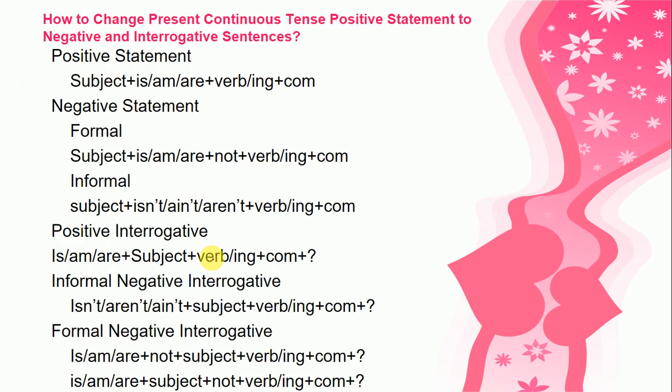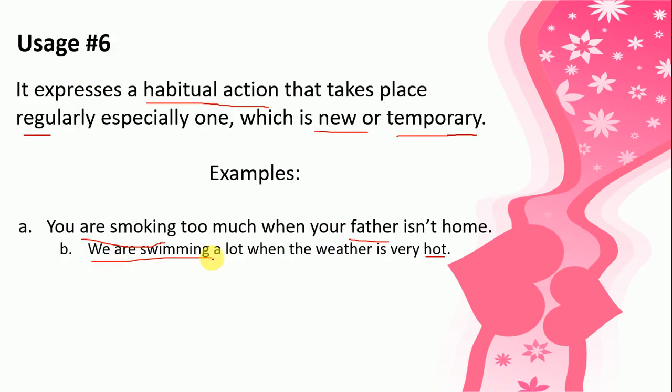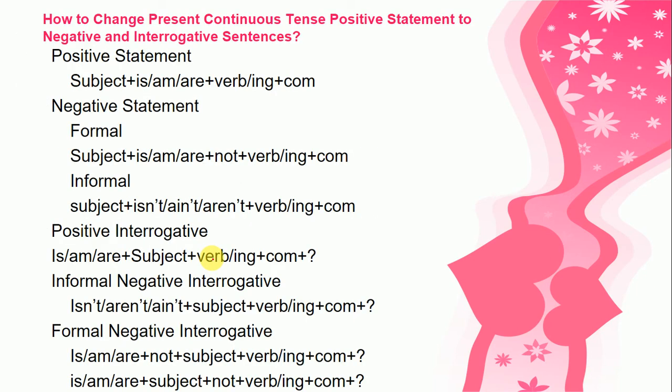Okay, dear students, now we have studied the 6 usages. We'll come to the first usage later, I'll explain it at the end of the lecture. How to change present continuous tense positive statements into negative and interrogative sentences. These are all structures. At the beginning of the lecture I explained them.